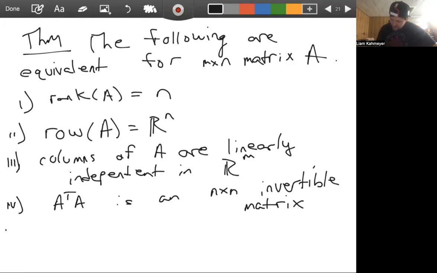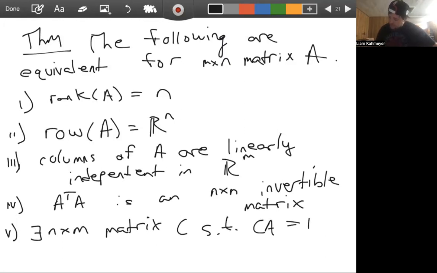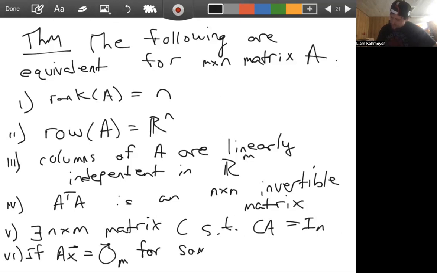We have that there exists an n by m matrix C, the flip here, such that when you multiply C by A on the left, you get the identity in Rn. The last thing equivalent is if AX is 0 for some X in Rn, then that implies that X is the 0 vector.